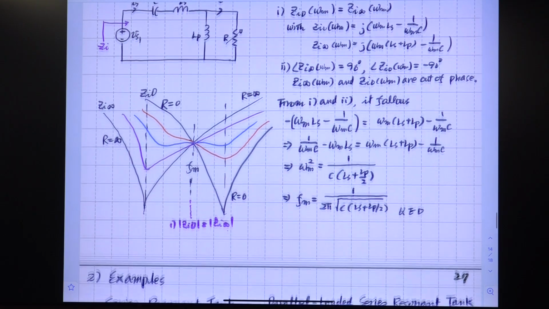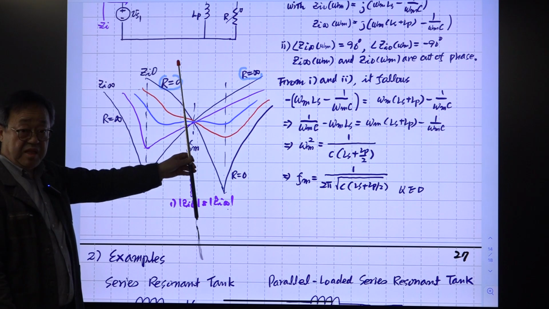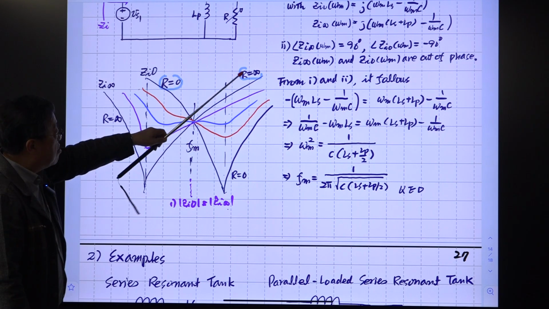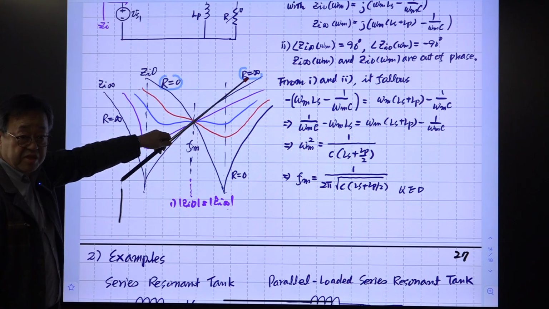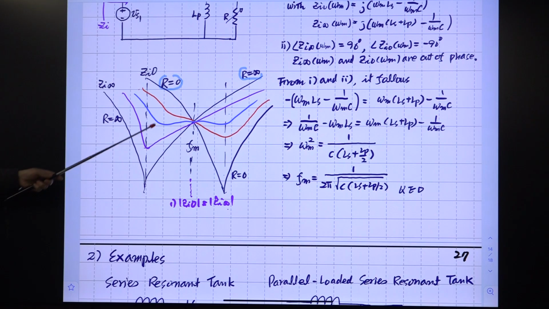And another one is, in this area, this is R. This is the R of 0 and R of infinity. So the phase here is minus 90. Okay? The phase here is plus 90. Right? So they're out of phase. So at this point, these 2 impedances are out of phase.